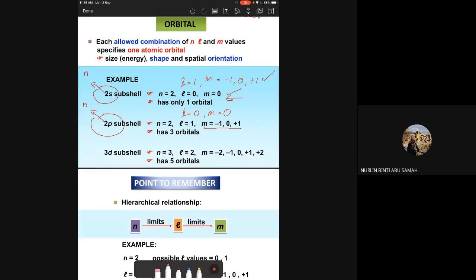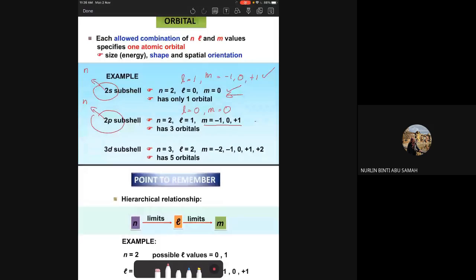Okay, so for this example, this consists of 3 orbitals. Apa maksud 3 orbital? Sebab kat sini dia ada 1, 2, 3. 3 rumah. Dia ada 3 rumah untuk elektron.